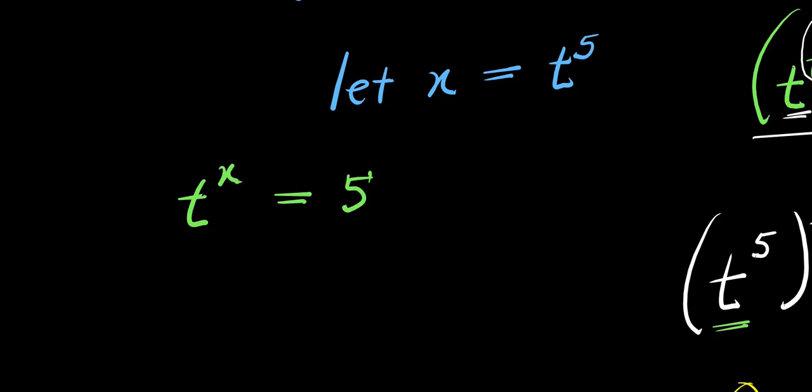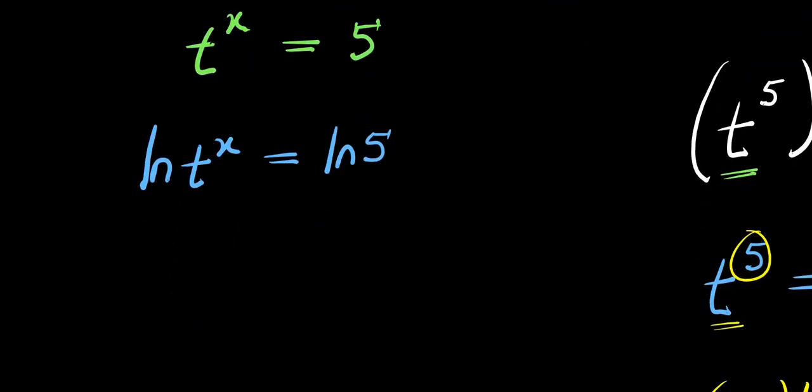At this point, I can make use of natural log. I have natural log of t power x equals natural log of 5. Now, if you have log of a power b, this equals b times log a.